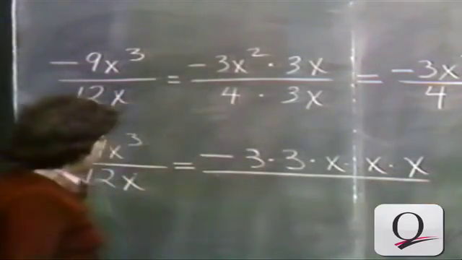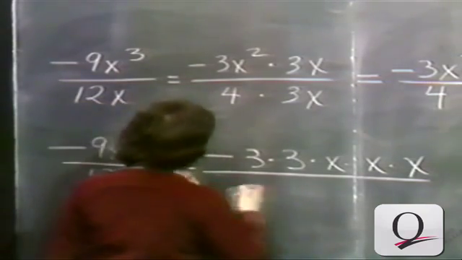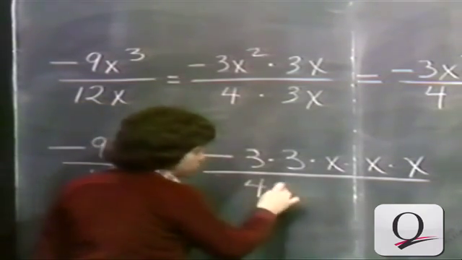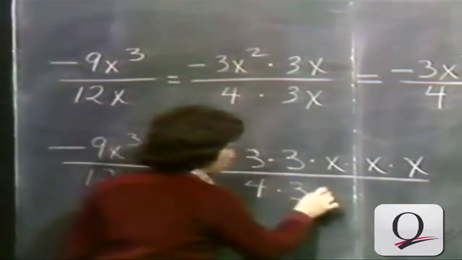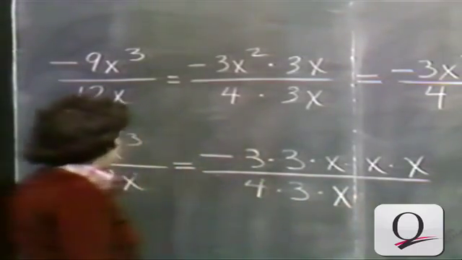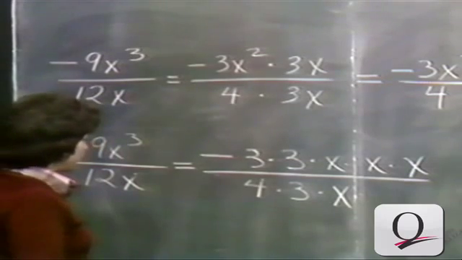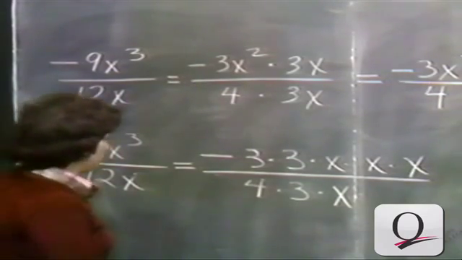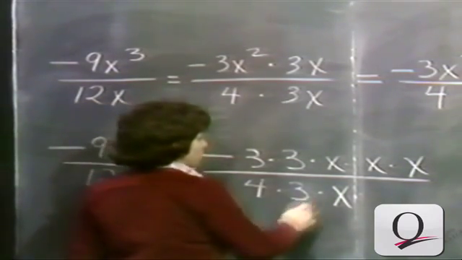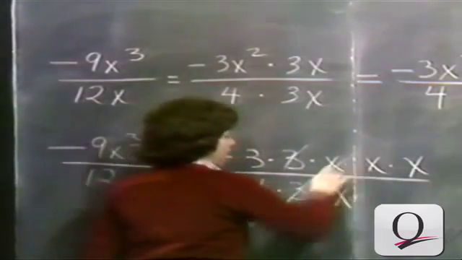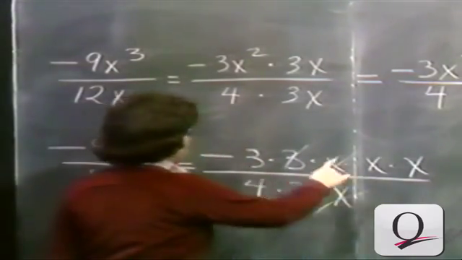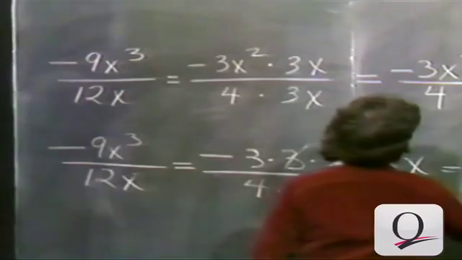And the denominator 12, you could write that as 4 times 3 or 2 times 2 times 3. This will be enough, though, for our purposes. We have still minus 9x cubed on top, 12x on the bottom. Then it becomes very obvious that the 3x is in common on the top and the bottom. And, of course, we can cancel the 3's, cancel the x's, and finish up with minus 3x squared over 4.